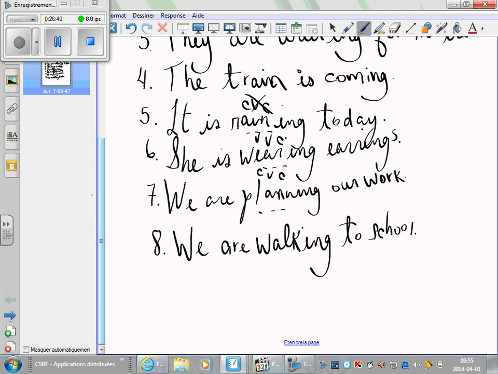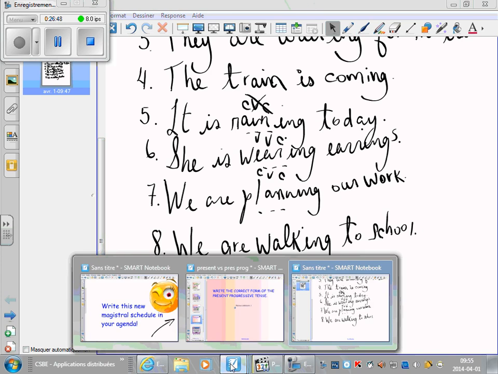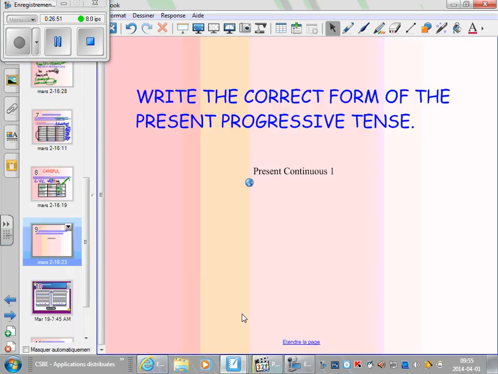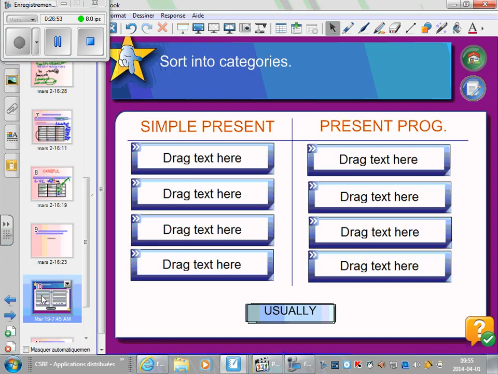So now, if we come back to the notes here. We're supposed to drag the different clues to the right column in this one. So here we have the word usually. Usually means what?